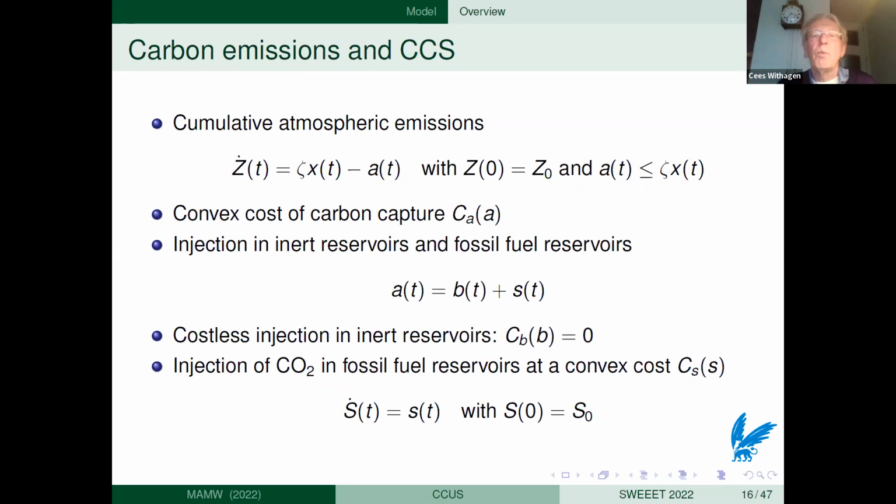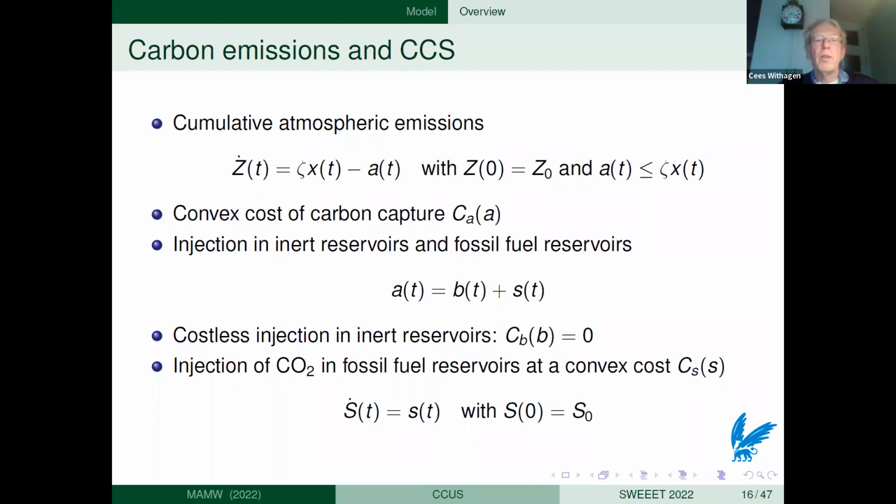Carbon capture is A. It brings along a cost, which is convex, and the function that is representing this is Ca. Then the captured CO2, A, is used in inert reserves, B, and in fossil fuel reservoirs, St. We assume that it's costless to inject this in inert reservoirs just to make things easy.